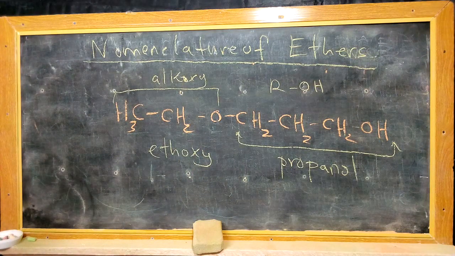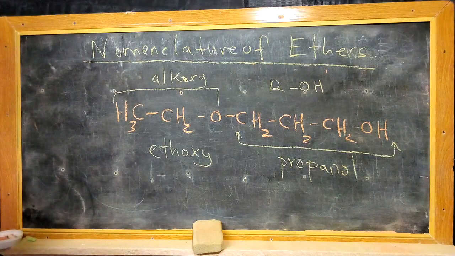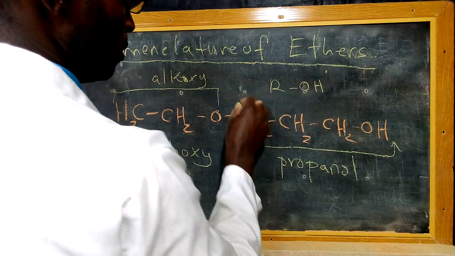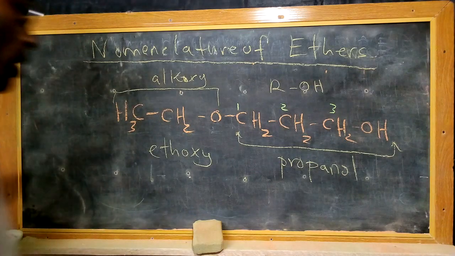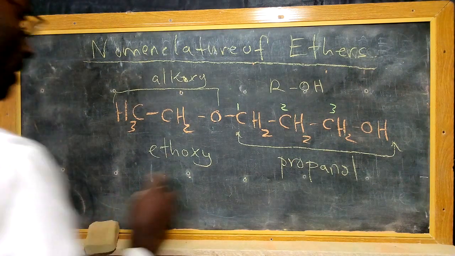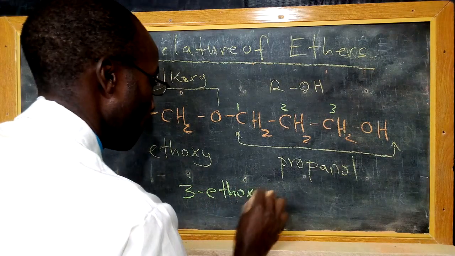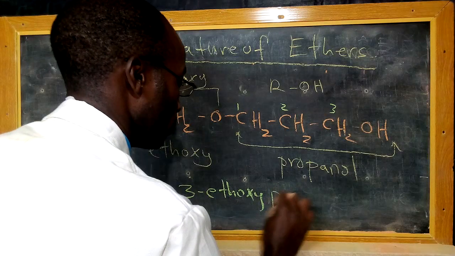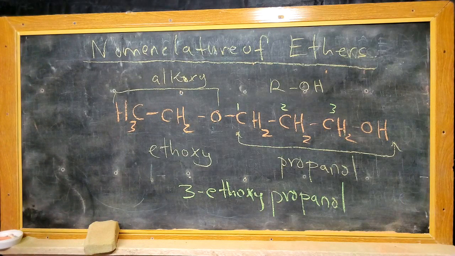For the name of that particular compound, we look at what point the carbon group is attached from the functional group. We count 1, 2, 3. So it's attached at carbon number 3. So the name will be 3-ethoxide propanol. That will be the name of that particular compound.